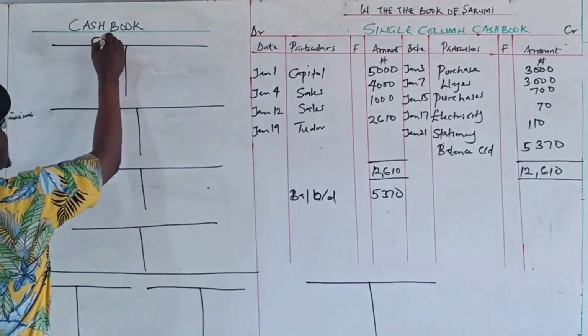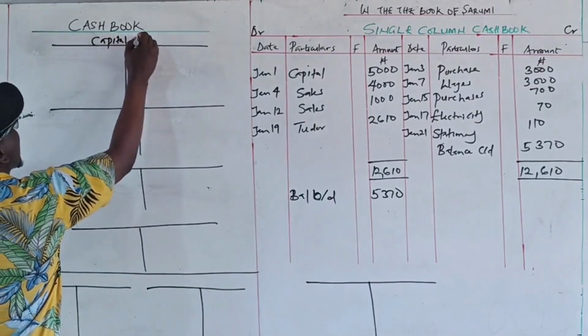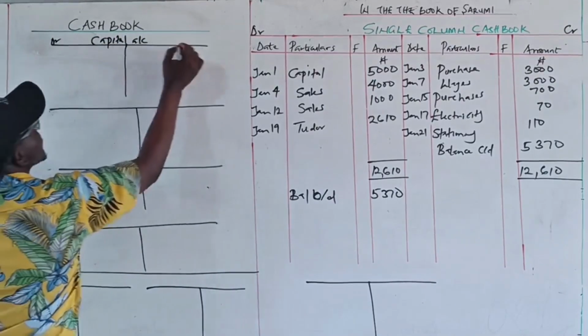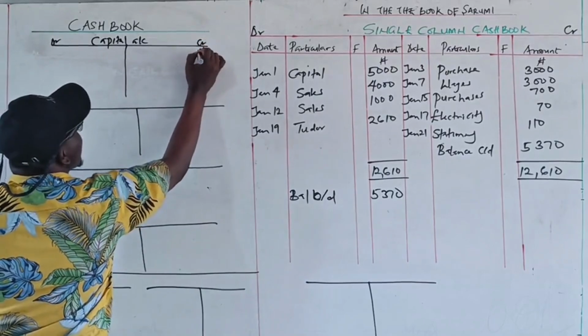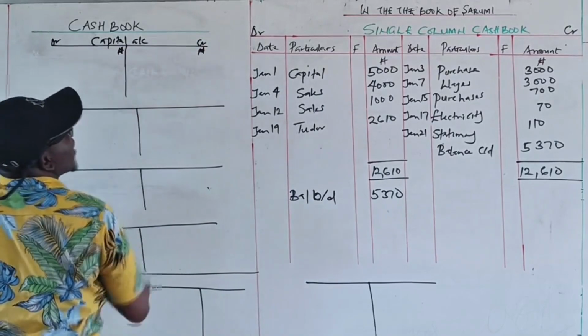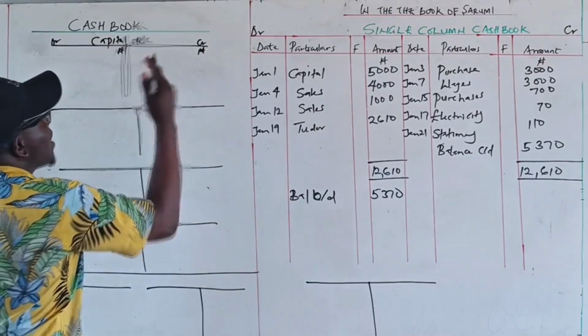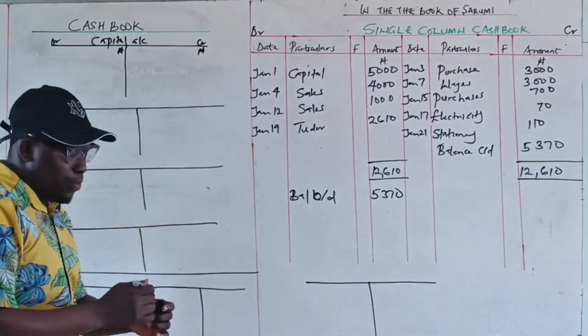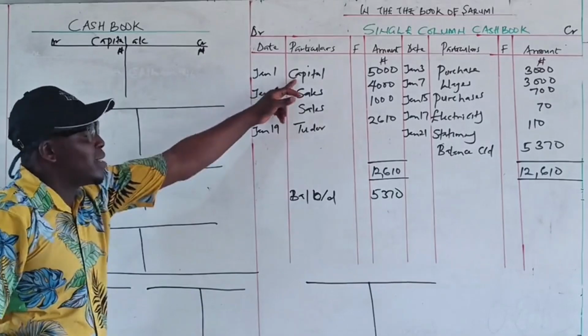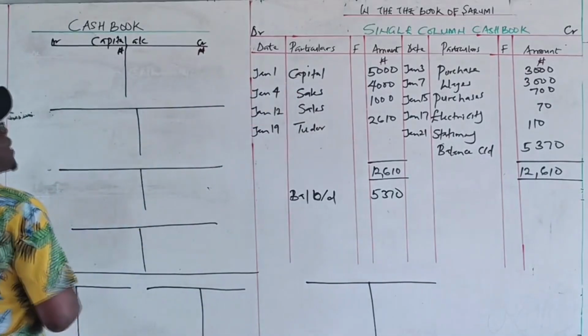So we have capital account, debits, credits, naira sign. So we have general reward on the debit side. And to follow the accounting procedure, we are sending this to the credit side of the capital account.